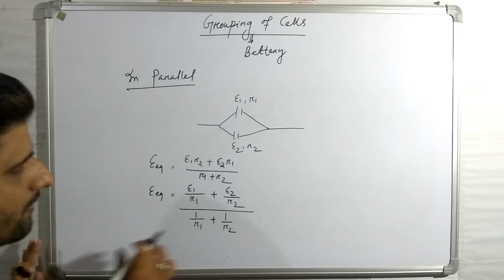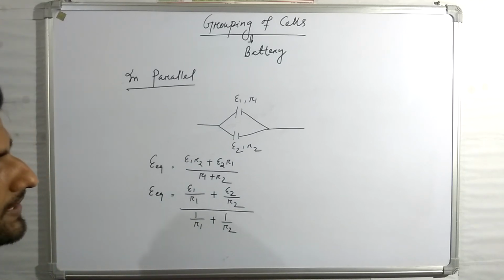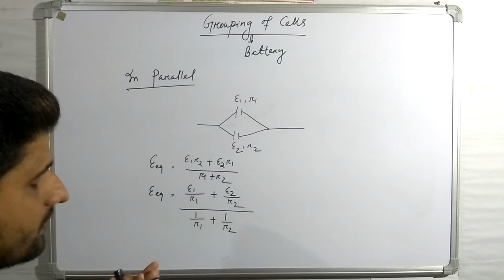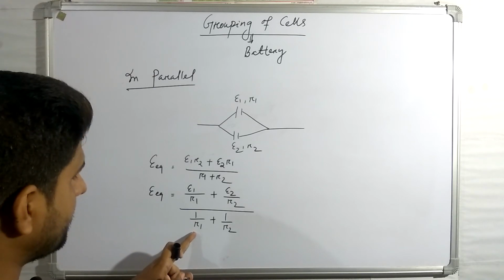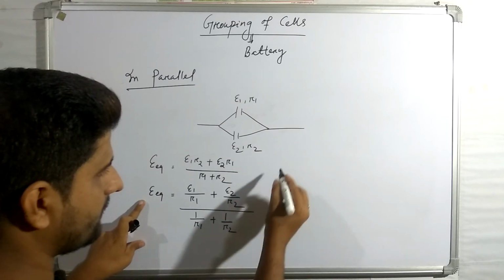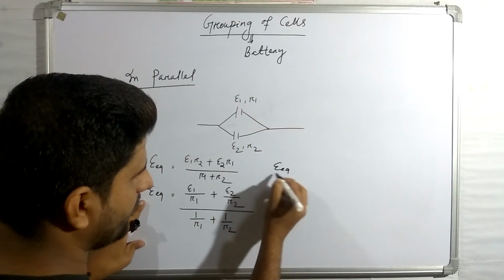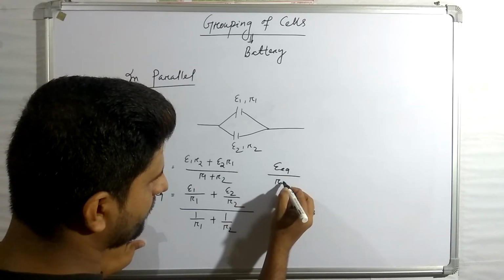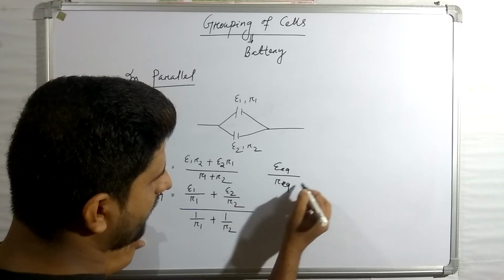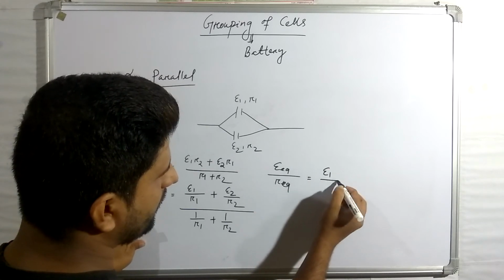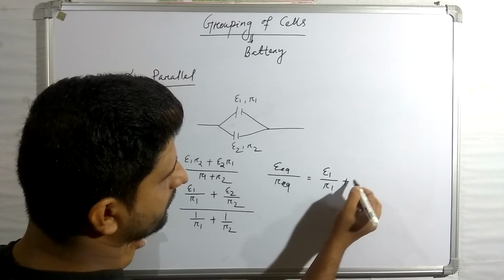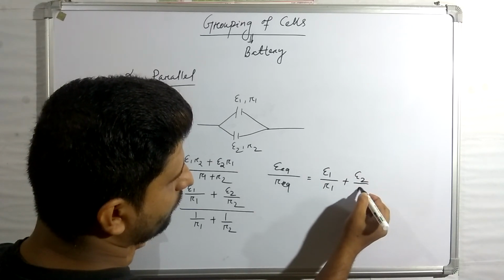This 1 by r1 plus 1 by r2 is the inverse of the equivalent resistance. So we can write E equivalent by r equivalent equals E1 by r1 plus E2 by r2.